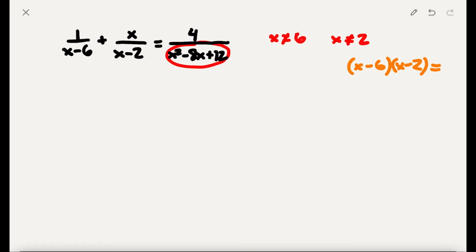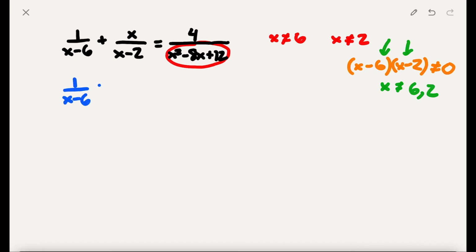Okay, and this cannot be equal to 0, but if you notice, we already have that x can't be equal to 6 and x can't be equal to 2 anyway, here and here, so it's kind of redundant. We don't need to necessarily solve for that again, but if we did, it would be x cannot be equal to 6 or 2. Okay, now let's simplify this out here.